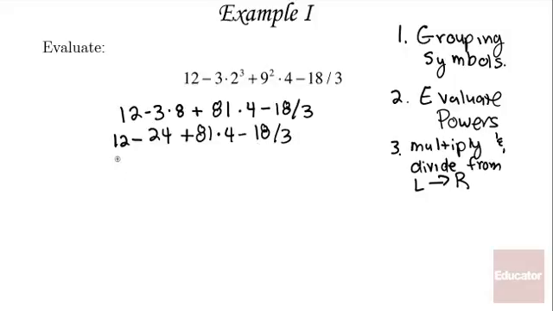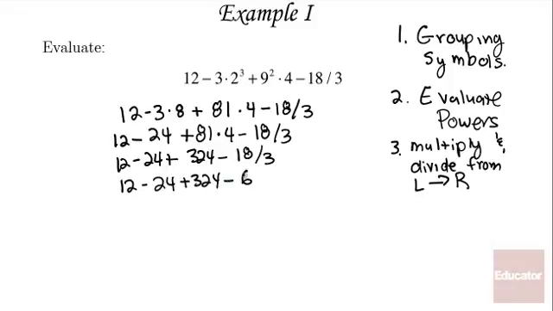I proceed along from left to right. 12 minus 24. Now it's going to be plus 81 times 4. 81 times 4 is actually 324 minus 18 divided by 3. All I have left to get rid of in terms of multiplication or division is the 18 divided by 3. And that's 6, negative 6.